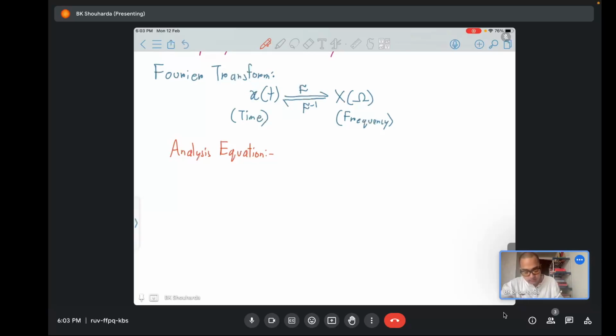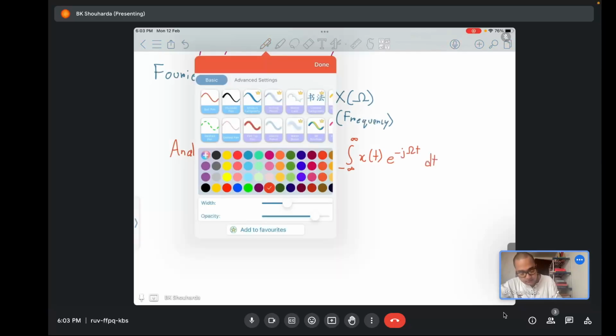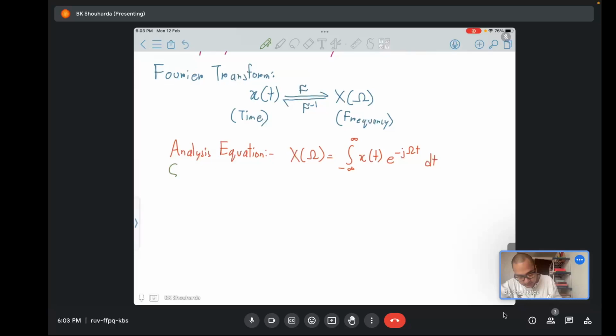So how does it look like? X of omega is the integral over the entire real number line, x of t e to the minus j omega t dt. And what does the synthesis equation suggest?